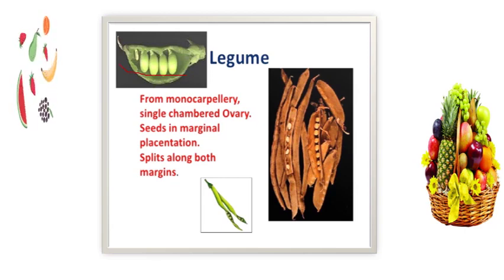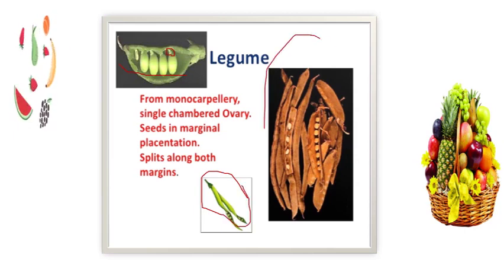So the placentation, or attachment, from this point is a marginal placentation, and it splits along both margins. So it can be split from both joining points. So here we have various figures of this legume.